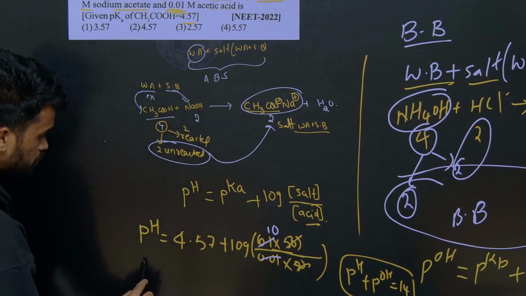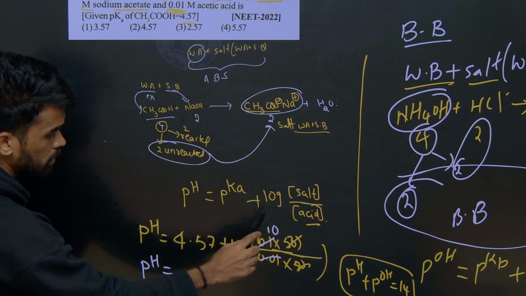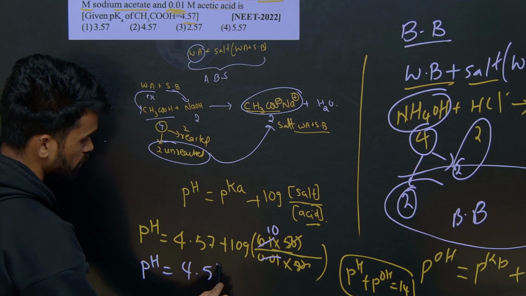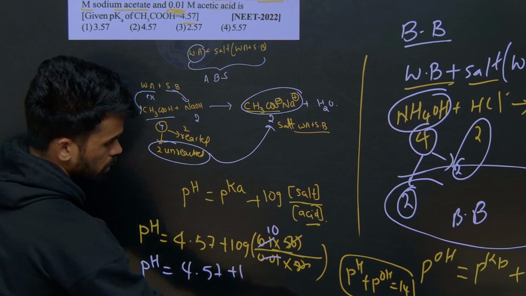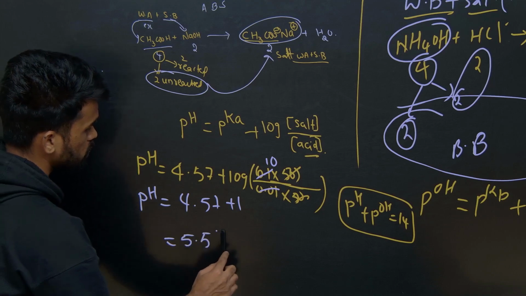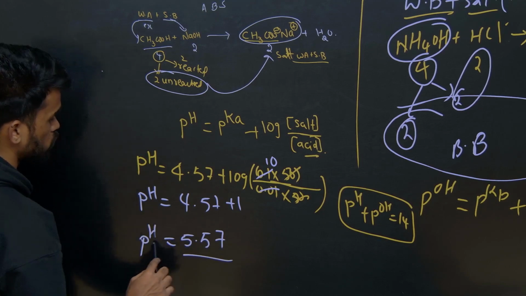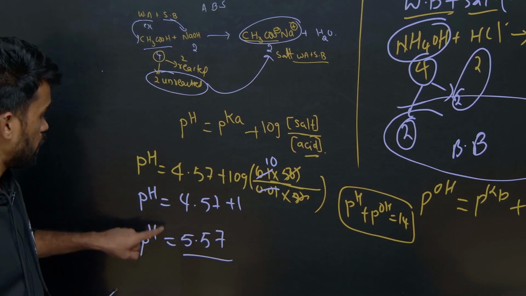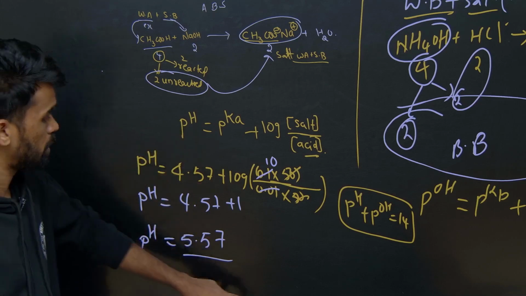Now log 10 is 1, so 4.57 plus 1 will be 5.57. I hope it is very clear without any confusion. Here they are asking about pH, so this will be our answer.